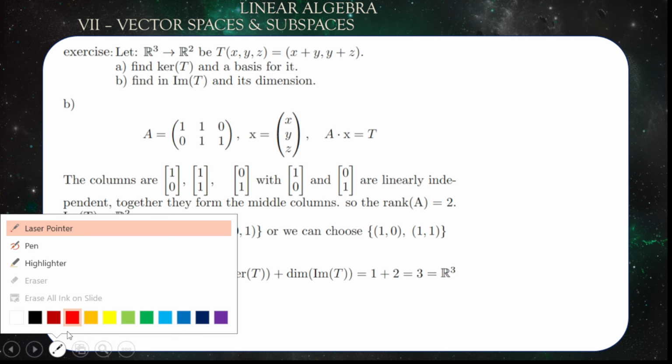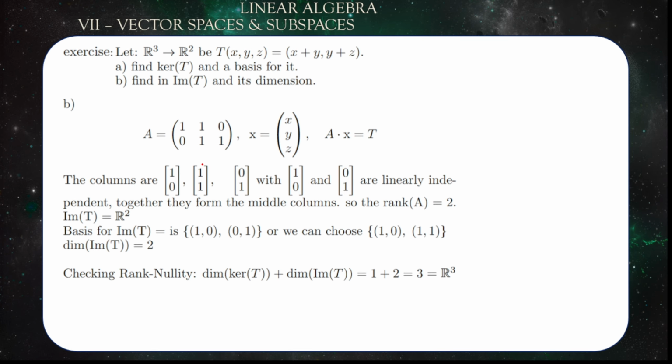This is due to the fact that if we add the first column to the third column, you end up with the second column. So 1, 0 plus 0, 1 is simply 1, 1, this column. So this one should be removed. Why? Because it's linearly dependent.